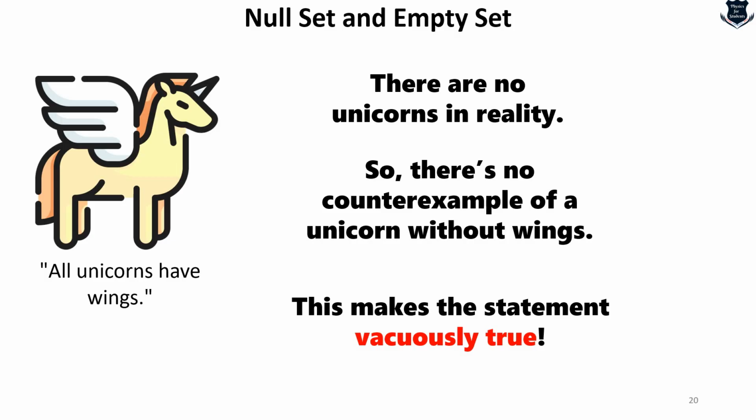In case of logic or logical propositions, this type of example is used. So a statement of the form for all x in set A, some property holds, is vacuously true if set A is empty, because there is no way to disprove it.